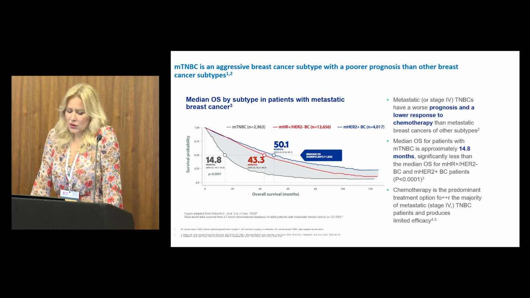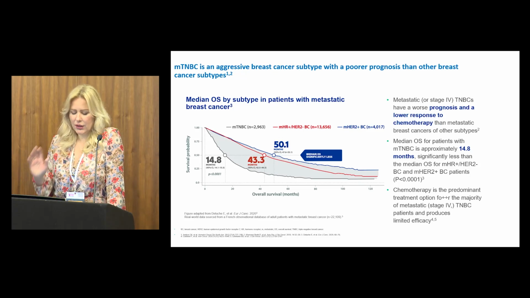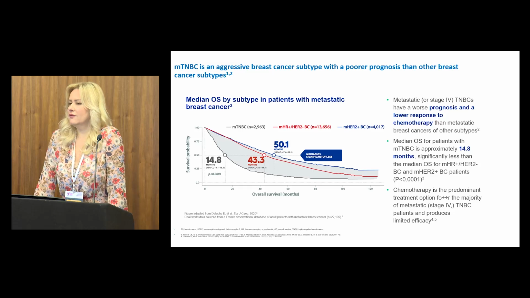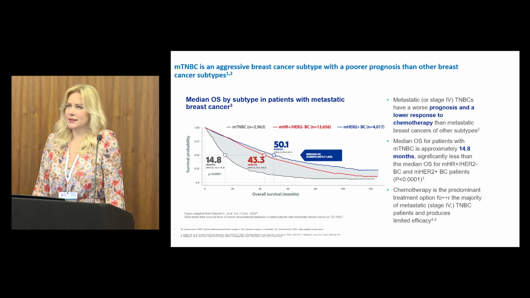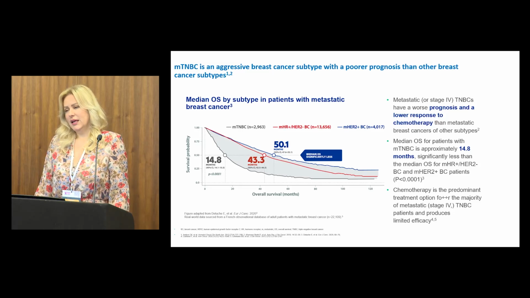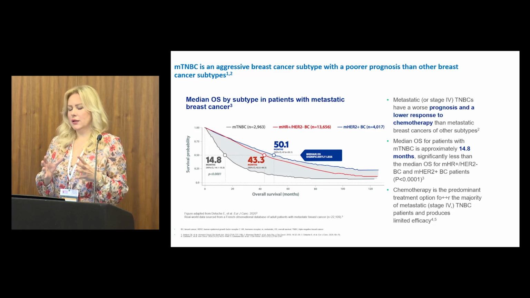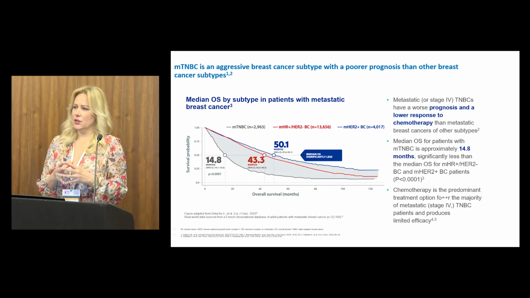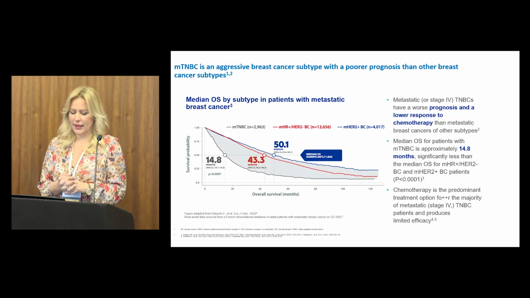From 2000 until, I would probably say, 2016, 2017, the median overall survival of patients with triple-negative breast cancer was definitely much shorter compared to other patients. Median overall survival means how long patients survive from the initial diagnosis.